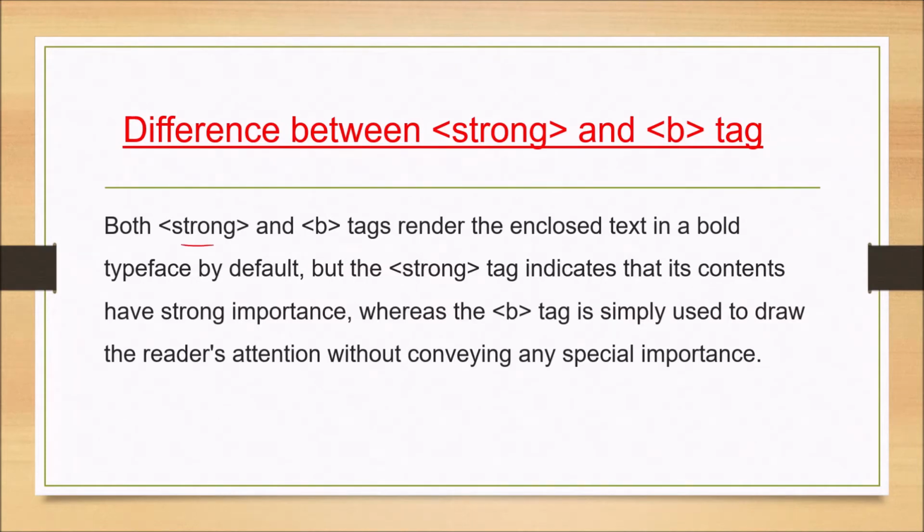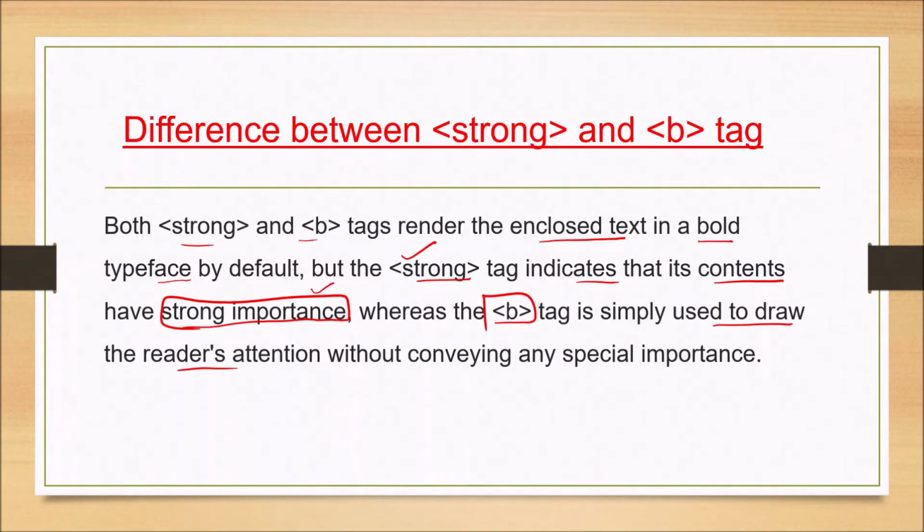Both of these, strong and B tag, render the enclosed text in bold typeface. But strong tag indicates that its content has strong importance. But B tag is simply used to draw the reader's attention without conveying any special importance.